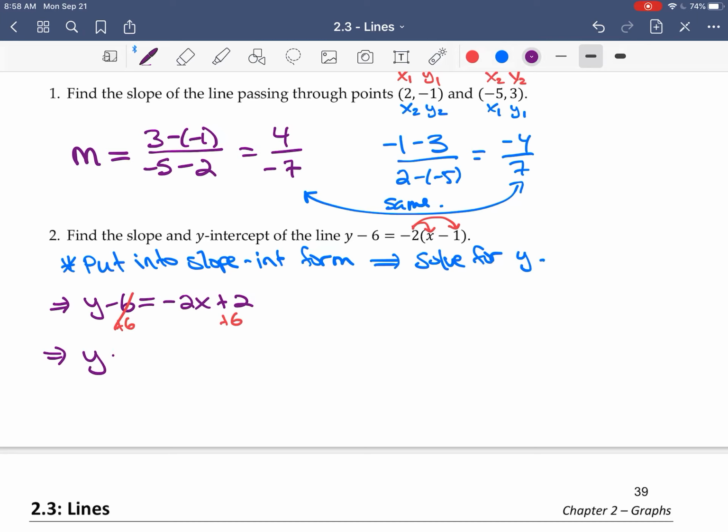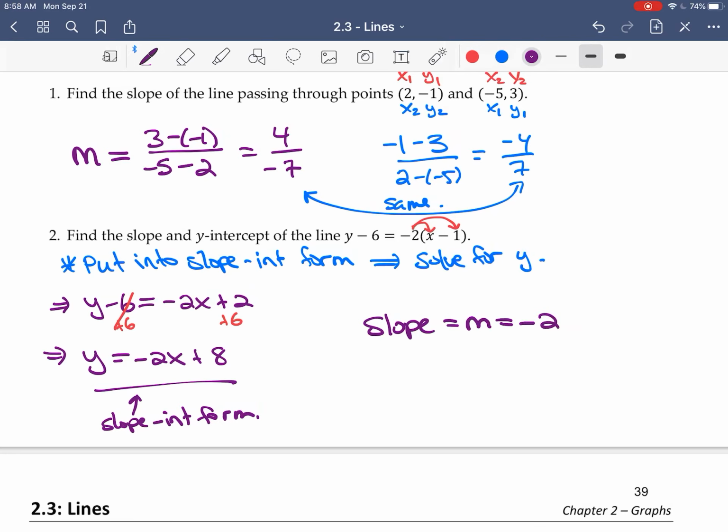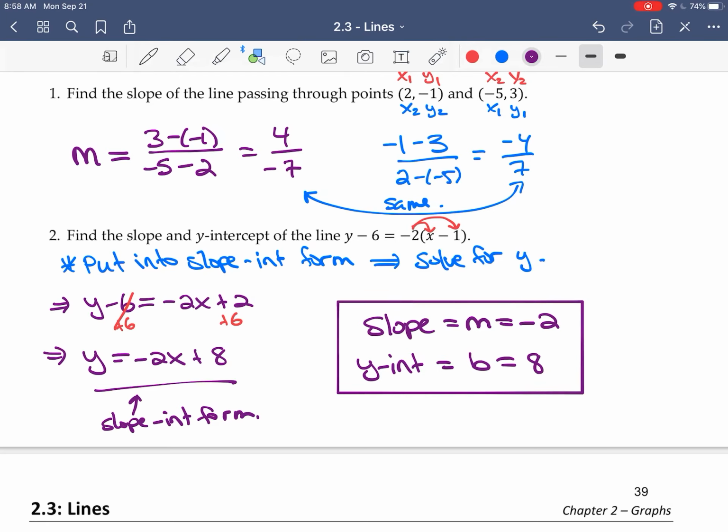And that gives me y equals -2x plus 8. So now we're in slope-intercept form. So now I can say that the slope, which we call m, is -2, and the y-intercept, or the b value, is +8. So if you want to find these things, sometimes just turning it into slope-intercept form is the way to go.